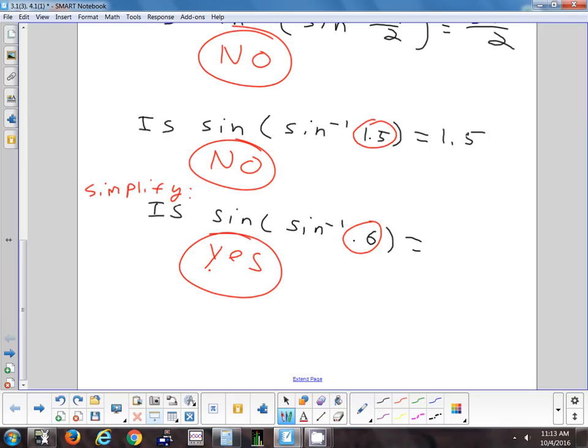So in this case, I'd be looking for a number, which would be 0.6. Okay? So if it says simplify, write the number. Don't write yes. Okay? If it just says something like this, is the inverse sine of the sine of 0.6 equal to 0.6? There's a question mark or whatever. Then you can write true or yes.